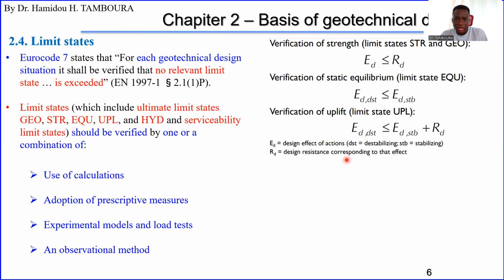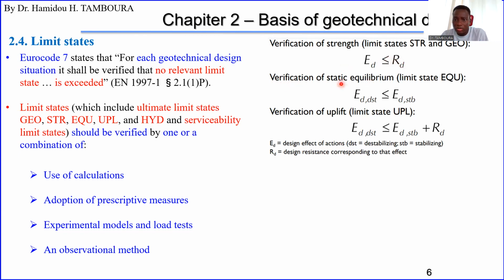What is the resistance corresponding to the effect of the force? And then you make sure that the resisting forces, or the resistance in general, is much higher than the acting forces, or the effect of those acting forces. That is the ultimate limit state. This is not detailed actually.